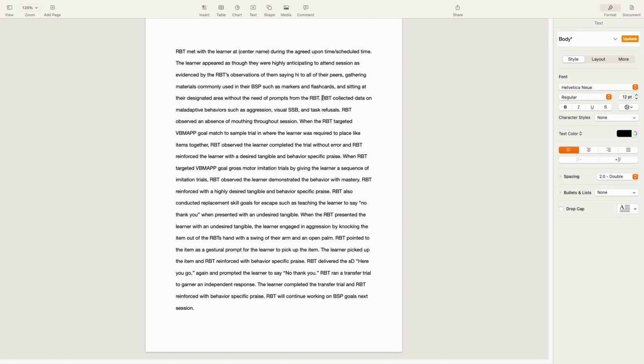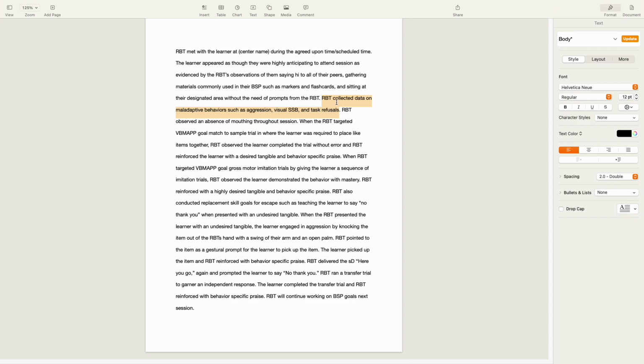Then you're going to write what behaviors you collected data on, right? So RBT collected data on maladaptive behaviors such as aggression, visual SSB, and task refusals. Depending on your learner, there might be more behaviors you collected data on.